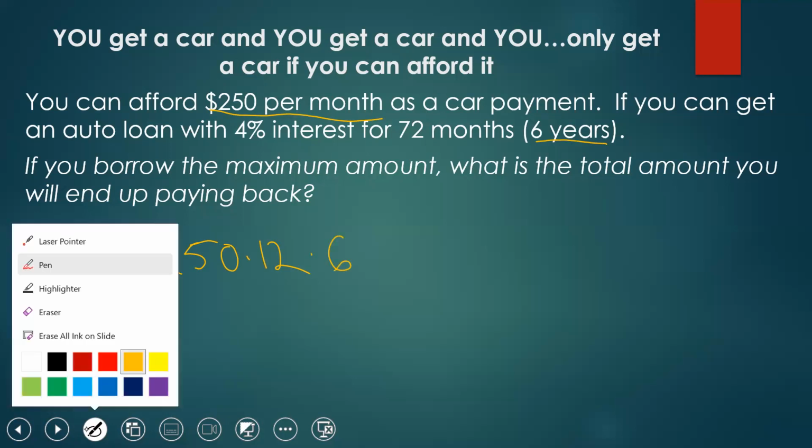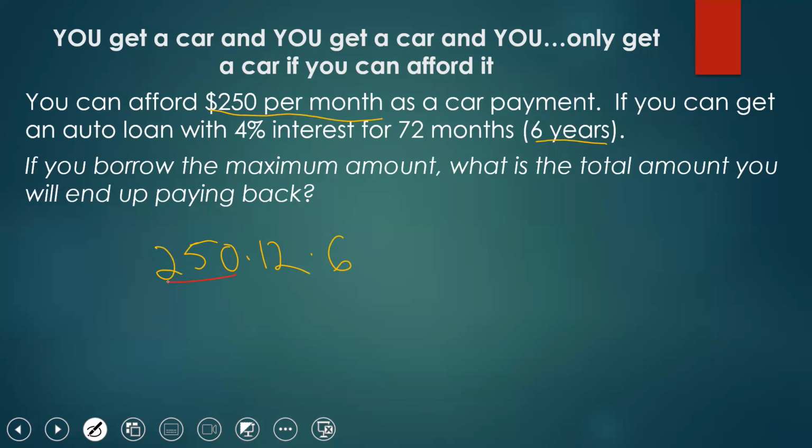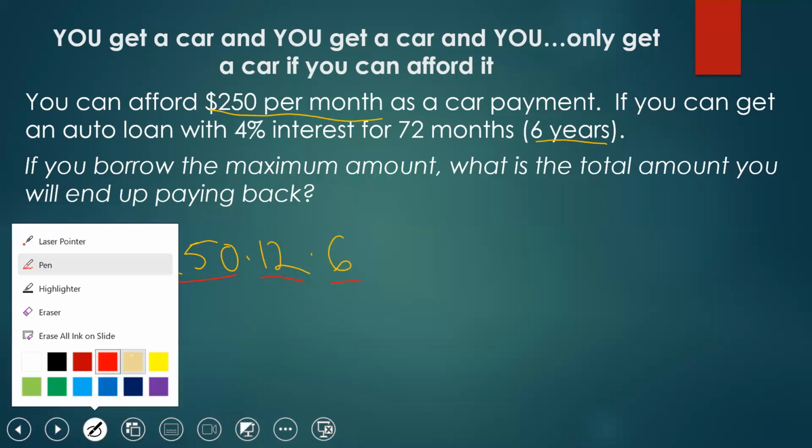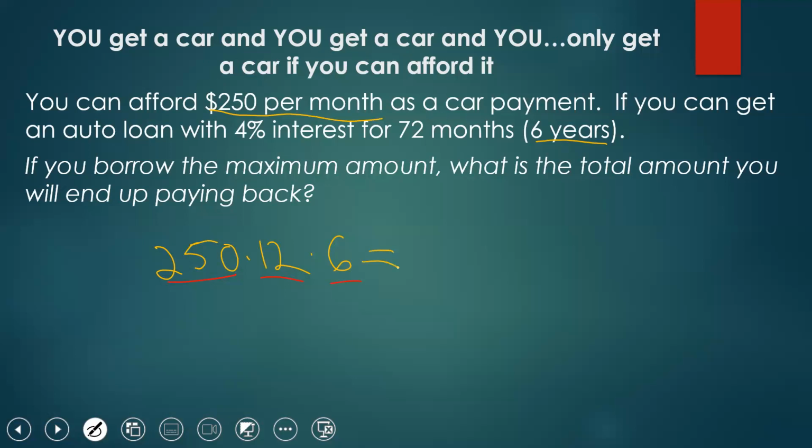What we're doing here is taking our monthly payment, our $250 per month, multiplying it by the 12 months in a year, and then by the 6 years. If we multiply those three numbers together, we end up paying back $18,000, which hopefully makes sense. That's higher than the amount we borrowed, and so we will end up paying back more than that.